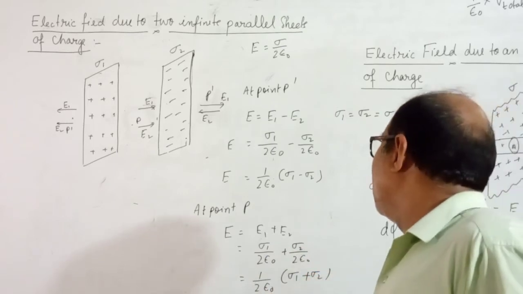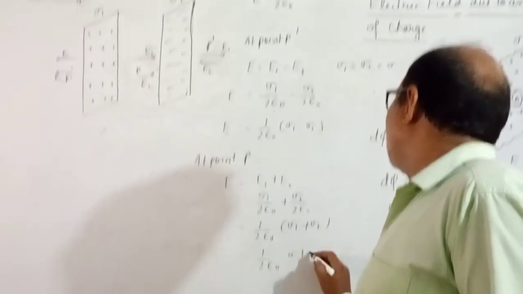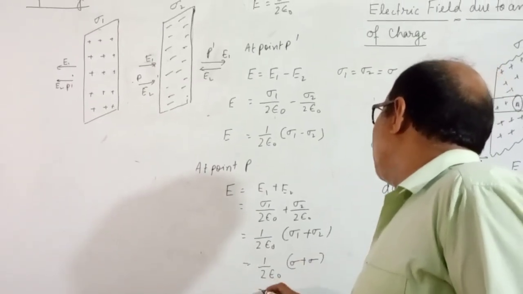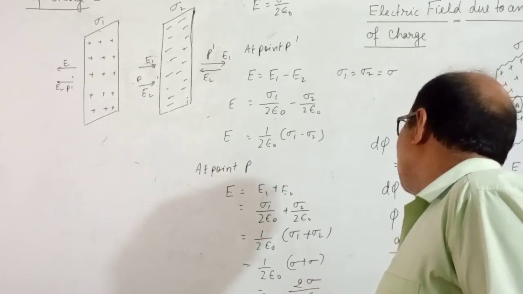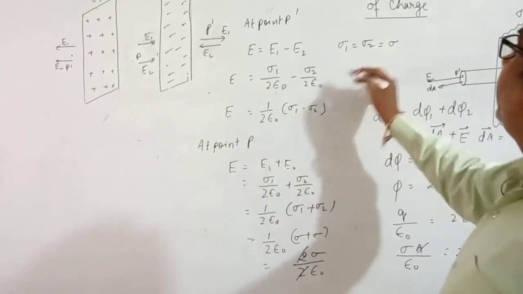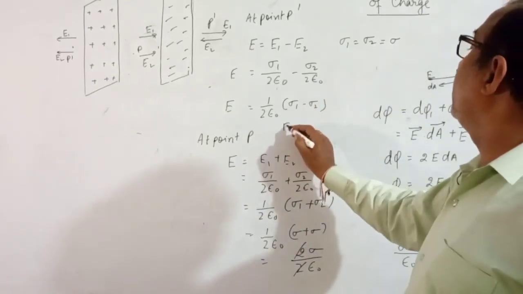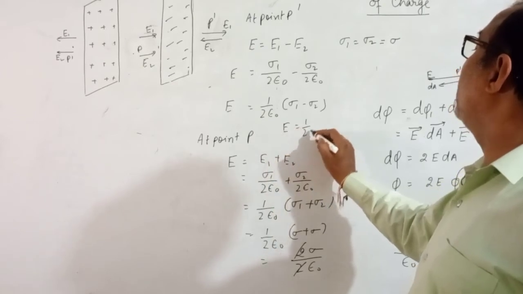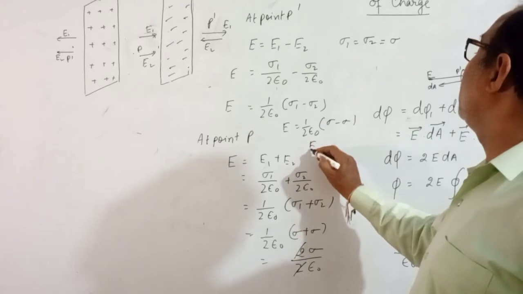So 1 upon 2 epsilon naught times (sigma plus sigma), it means 2 sigma upon 2 epsilon naught. The 2 cancels. Here again, if you take the other point, you get E equal to 1 upon 2 epsilon naught times (sigma minus sigma), which means E equal to 0.